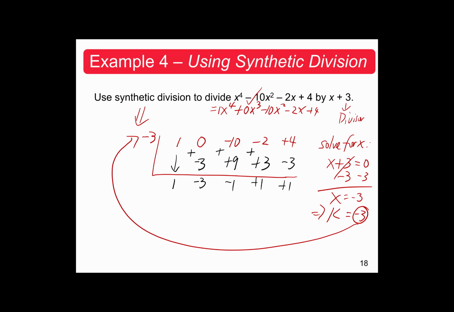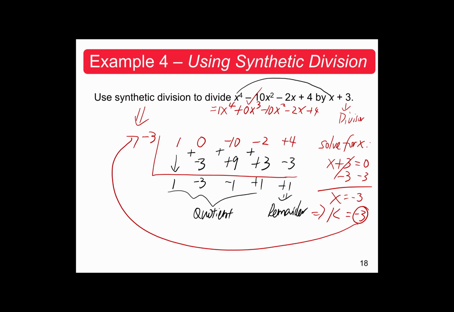So that means this is our quotient here, and this is our remainder. If you look at it, x to the fourth divided by x, the quotient for the leading term should be x cubed.